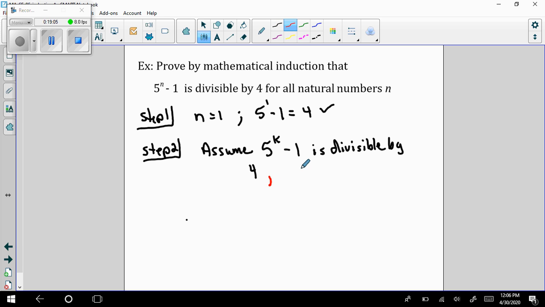We're going to have to assume that 5 to the k minus 1 is divisible by 4, which means whatever the number is, it's a multiple of 4 for all p-values.